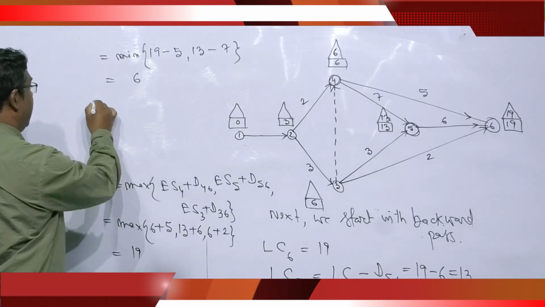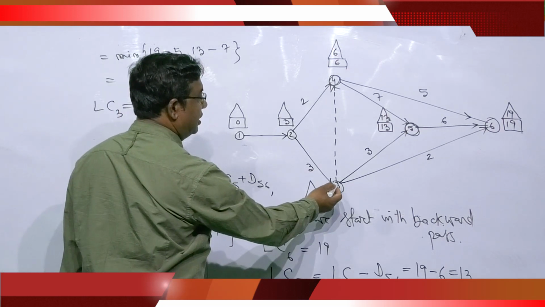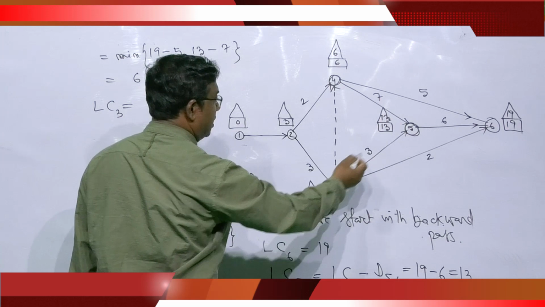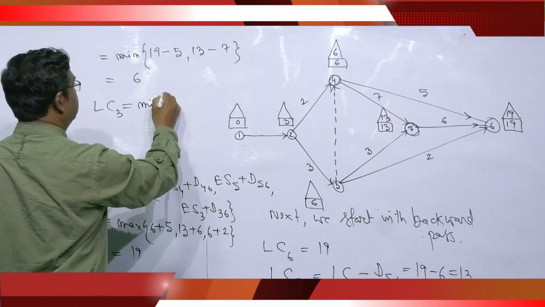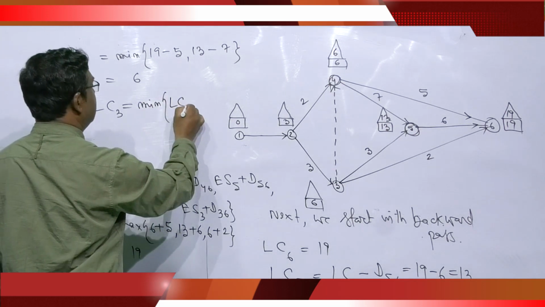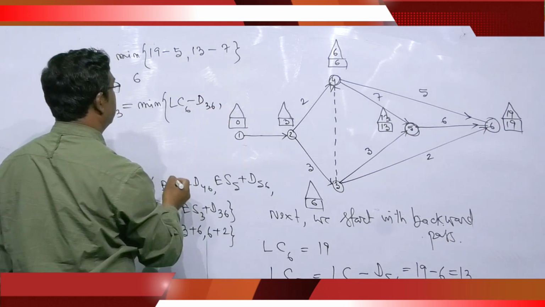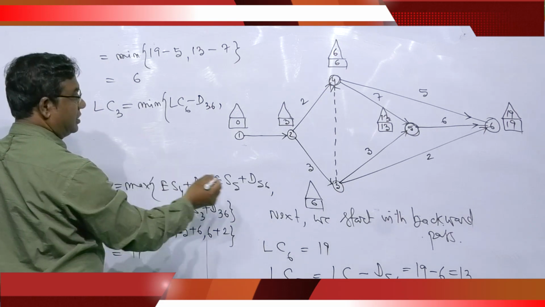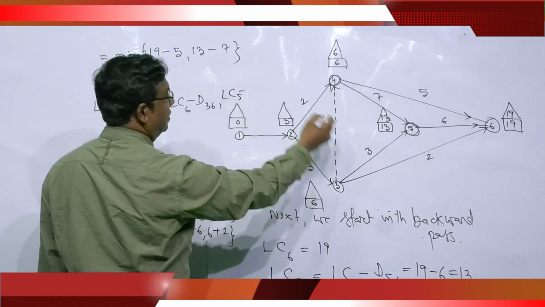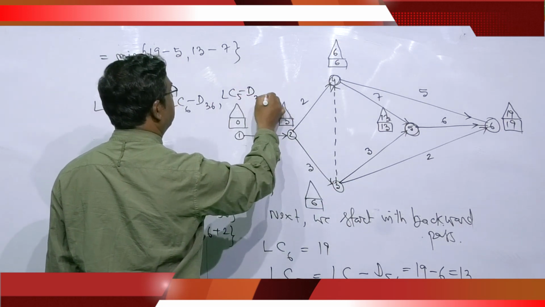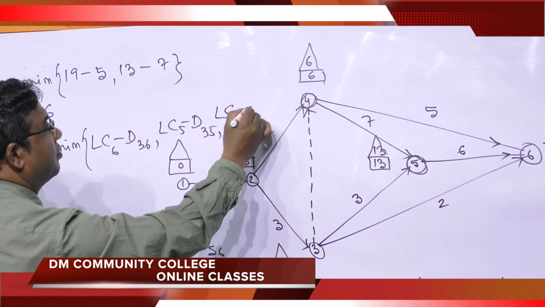Next, LC3. There are 3 routes, one from node 6, another from node 5, another from node 4. So we have to write the minimum of LC6 minus D36, comma, next from 5, LC5 minus D35, LC4 minus D34.